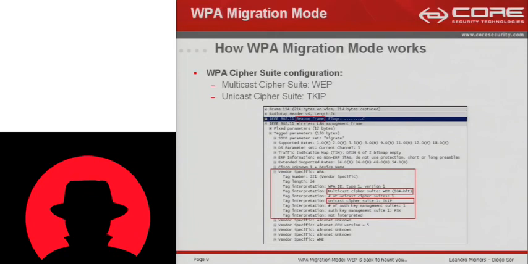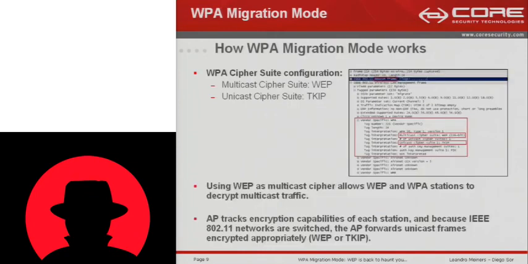For multicast and broadcast, we can use either WEP or WPA. So using WEP as a multicast cipher allows WEP and WPA stations to decrypt multicast traffic.